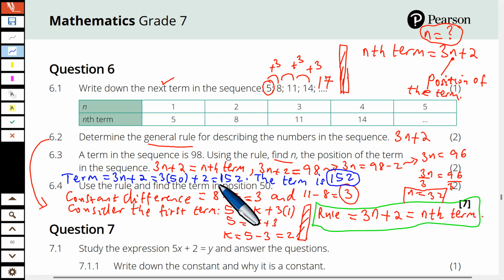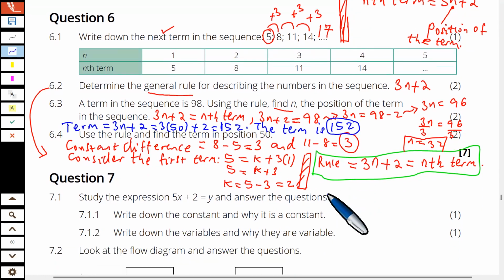So that is the answer. Here we're supposed to use the rule and find the term in position 50. If the position is 50, it means n is 50, and you have 3 by 50 plus 2. 3 by 50 is 150, plus 2 is 152. The term is 152.